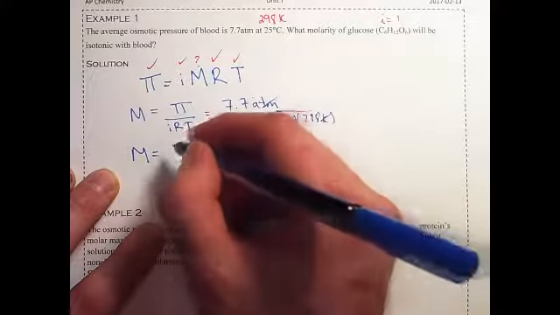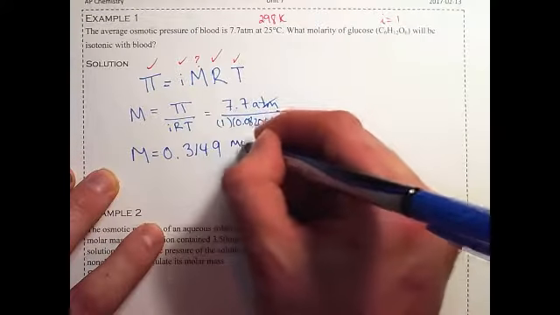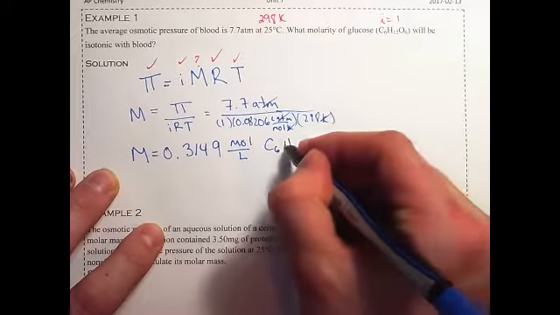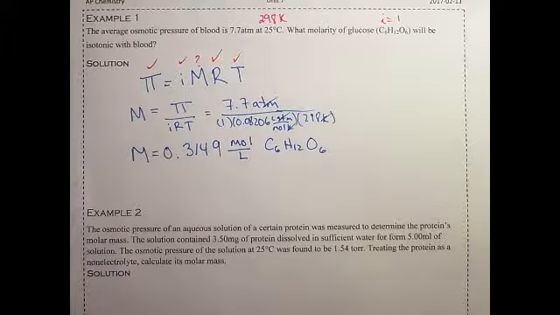The molarity will be 0.3149 moles per liter, C6H12O6. So a solution of 0.3149 moles per liter of glucose will be isotonic with respect to our blood.